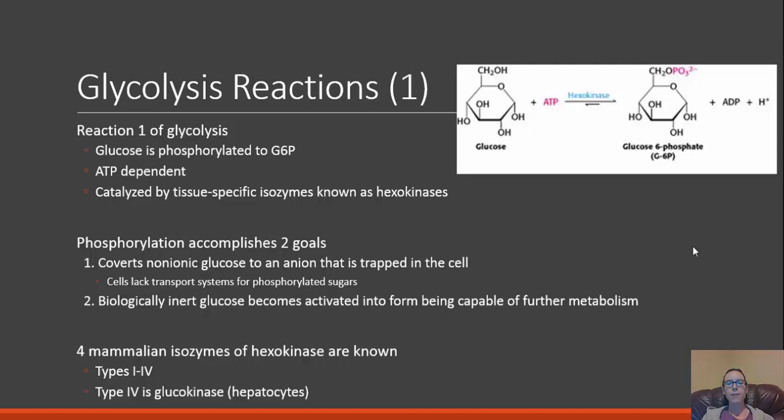In addition, the biologically inert glucose becomes activated into a form capable of further metabolism. We talked earlier in a previous lecture about how this is the first step in multiple reactions, including not only glycolysis, but also reactions involving glycogen. Oh, and I should also say down here, I said that glucokinase was specific to the liver, but it's also present in the kidneys.